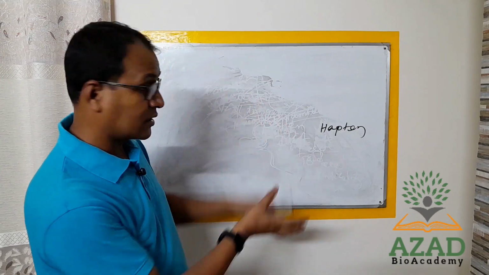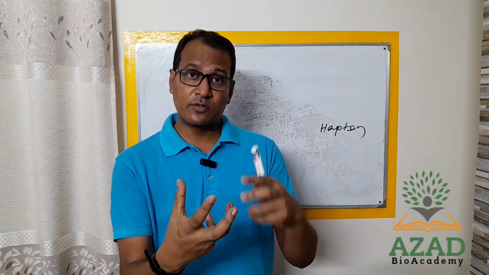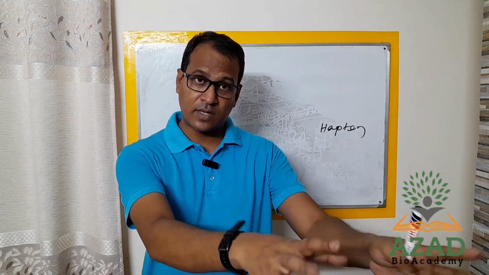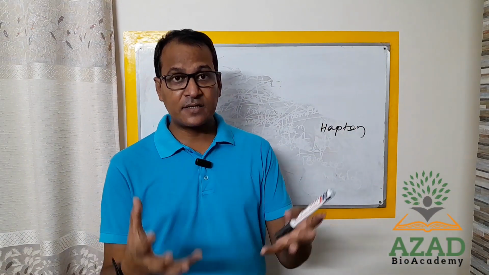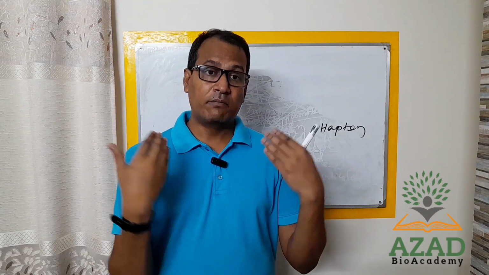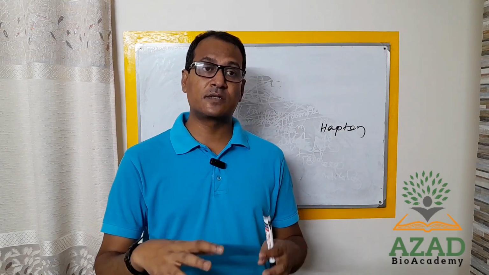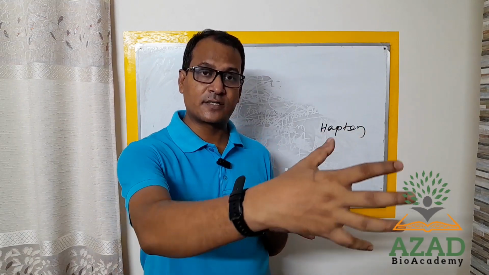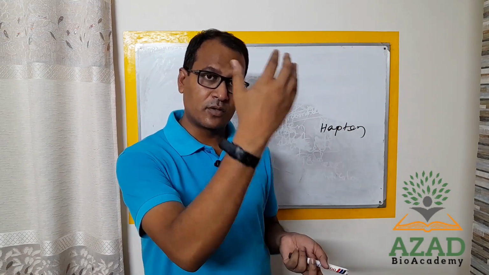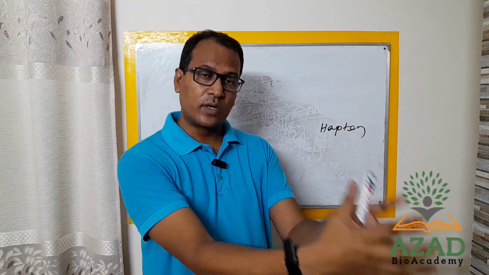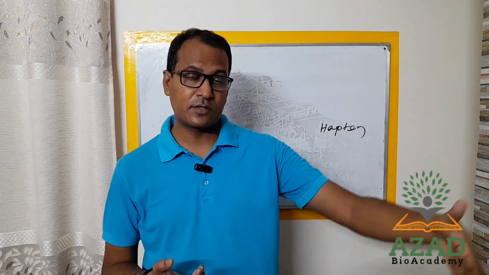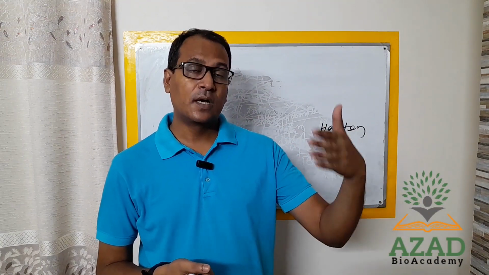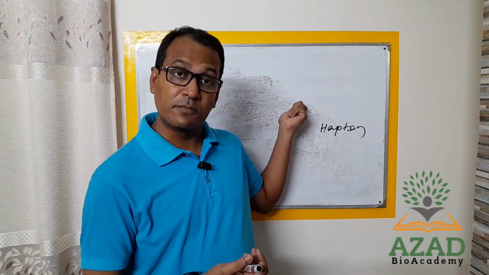So I will just sum it up. Antigen: any substance that your body's immune system recognizes as foreign, toxic or harmful is an antigen. And when the antigen makes your immune system, your adaptive immunity and innate immunity, get involved to a broader extent, and your immune system massively works against that substance, that is called an immunogen.